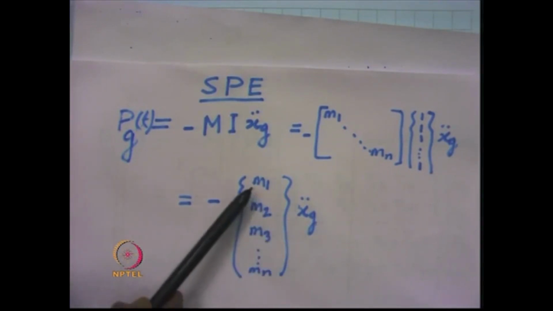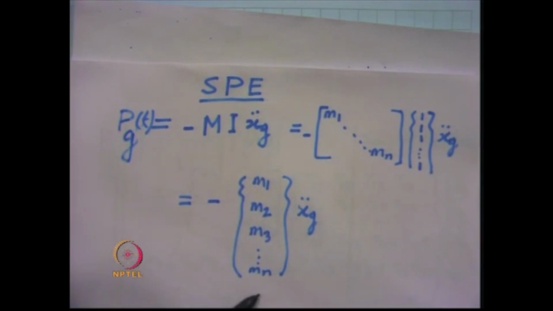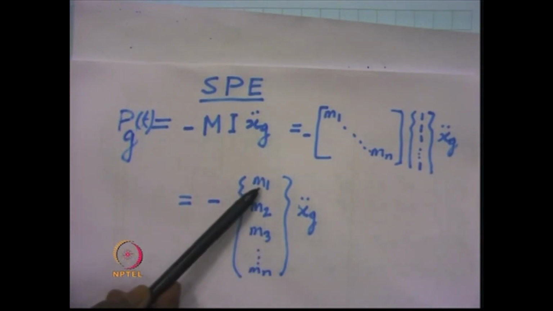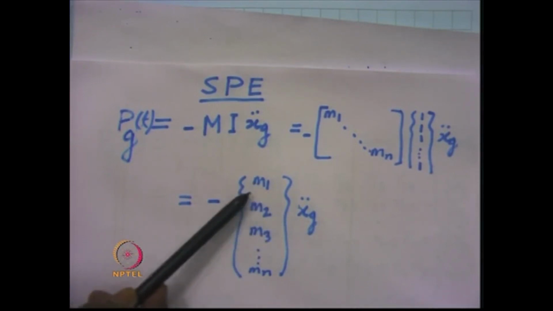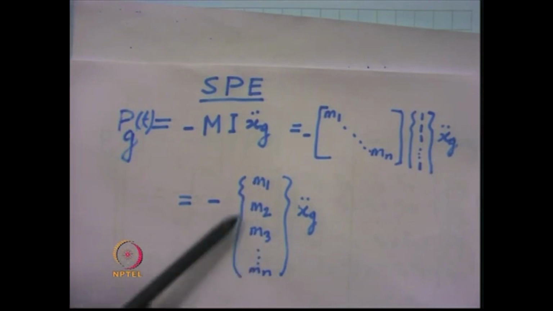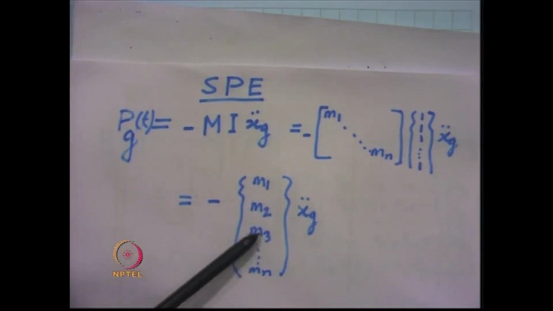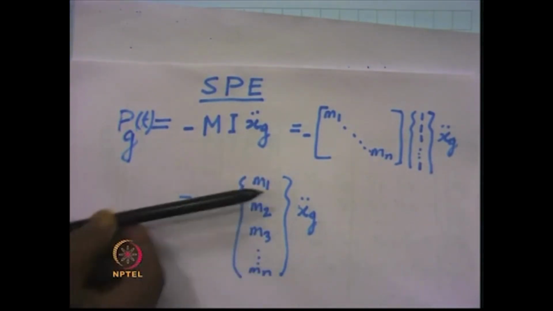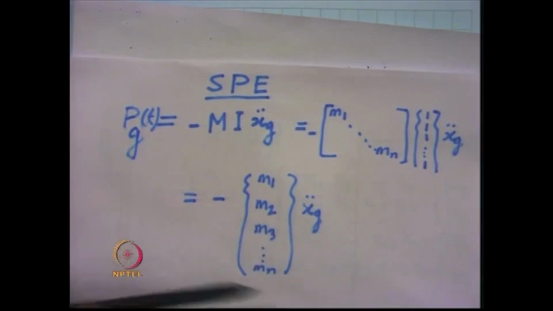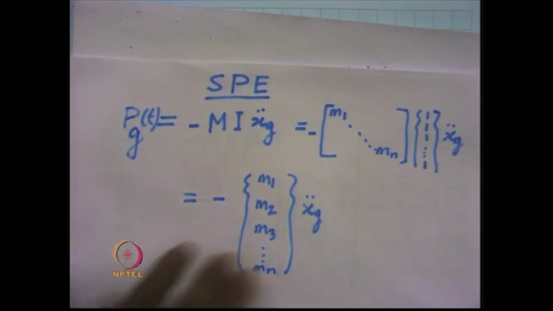So, we have n number of forces, and each component of this force vector is m1 x double dot g, m2 x double dot g, m3 x double dot g, and so on. If one has to perform the solution in frequency domain, then each one of these forces has to be Fourier synthesized, or the FFT algorithm is to be used for each one of these forces.